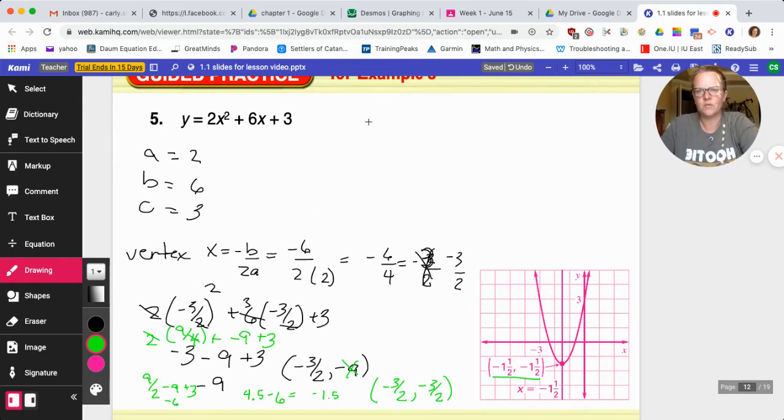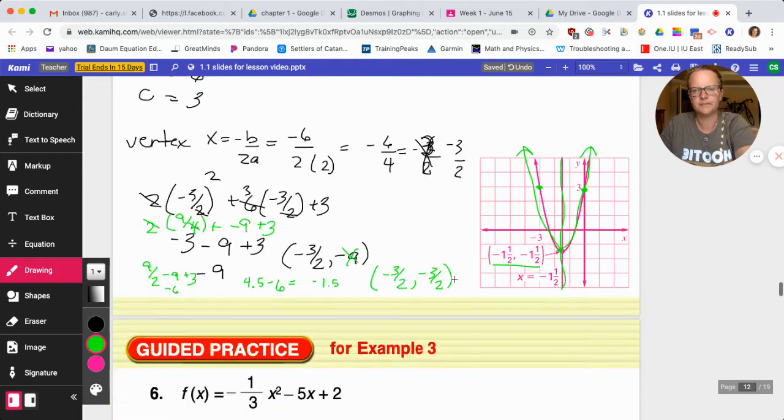We need to find the y-intercept, and I'm still in green, is 3. So I plot the vertex. I plot the axis of symmetry. I plot the y-intercept. I reflect that over. And then I can find one more point. This is already taking a really long time, but I have enough to graph my parabola.